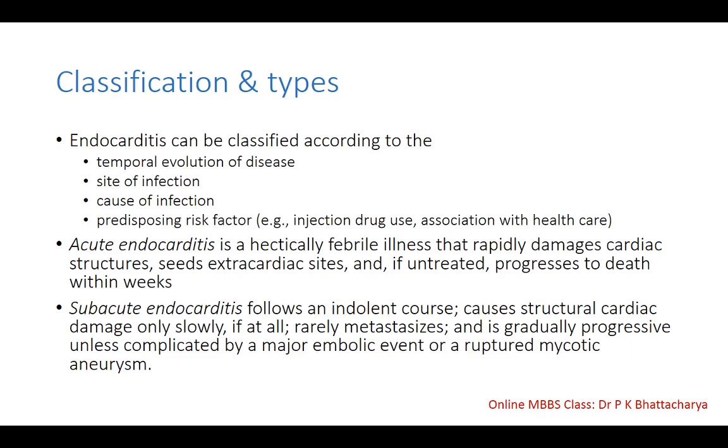The subacute variety goes with an indolent course, causes structural cardiac damage very slowly, and does not metastasize or spread so quickly like the acute. It is a gradually progressive disease unless it is complicated by some of its own complications like an embolic event or rupture of a myocardial aneurysm.